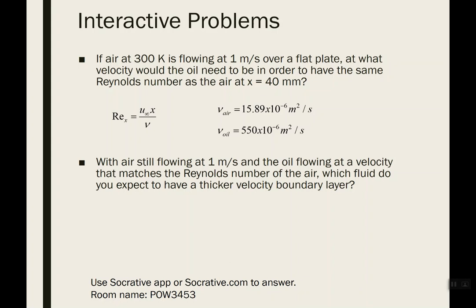The definition of the Reynolds number is given here, and we have a specific x given. So how fast does oil need to be flowing so that it has the same Reynolds number? And while you're at it, you can answer this second question. They should both be open to you. With the air still flowing at 1 meter per second and the oil flowing at whatever velocity you just found, so that the Reynolds numbers match, which fluid do you expect to have a thicker velocity boundary layer?